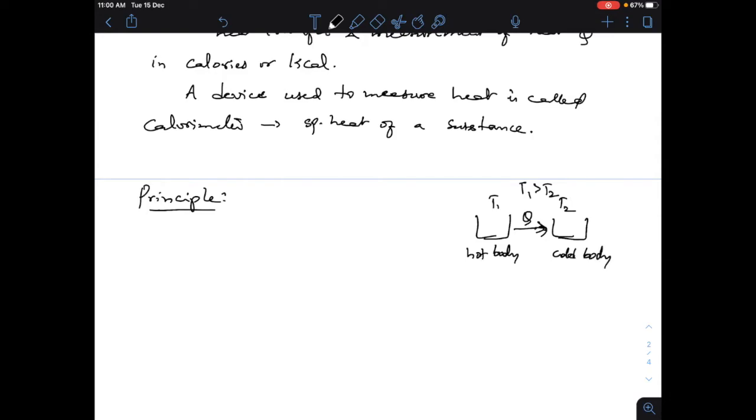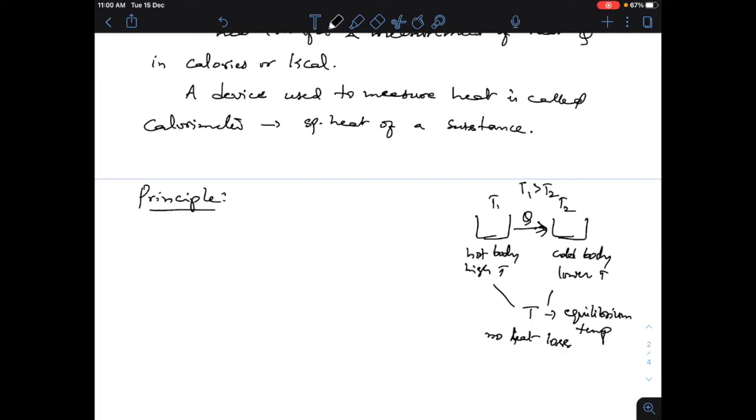Heat flows from the hot body to the cold body, until the two attain an equilibrium temperature, provided no heat is allowed to escape to the surroundings. That means there is no other heat loss within this experimental setup.